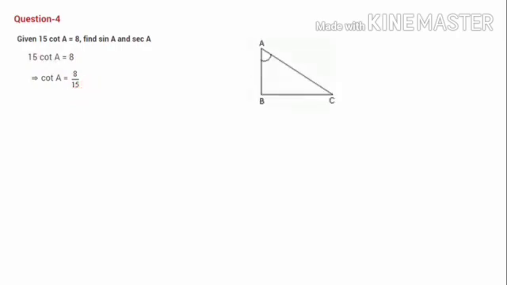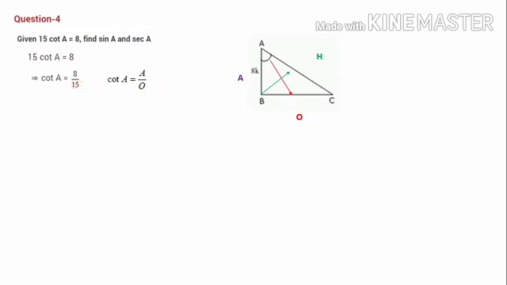Then let's visualize it. There is a right triangle ABC and the angle marked here is A. That also I have marked. So H is opposite the 90 degree angle, and O is opposite angle A, that I have marked, BC is O. The leftover side I have to take as A. Then let's recall the formula for cot A. Cot A is equal to A divided by O, means A is 8k and O is 15k.